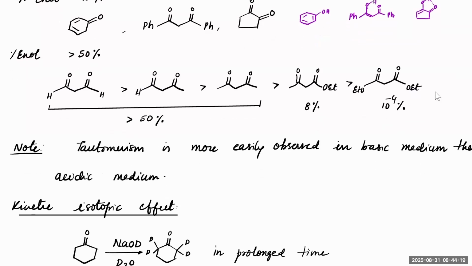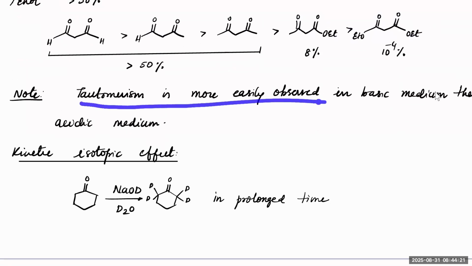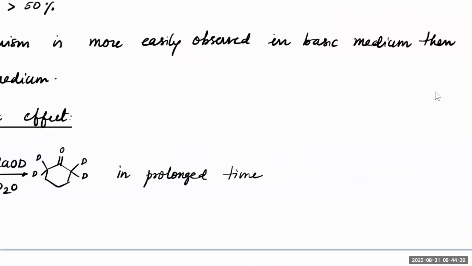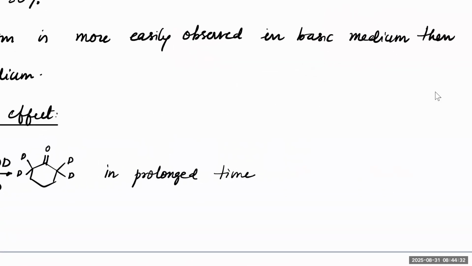Moreover, tautomerism is more easily observed in basic medium as compared to acidic medium. Let me show you the mechanism for that. For example, if you have a keto group like this with OH minus, the OH minus will take H plus from here. It will become an enolate ion like this. And the resonating structure for this one will be O minus and double bond. So this is called enolate ion.